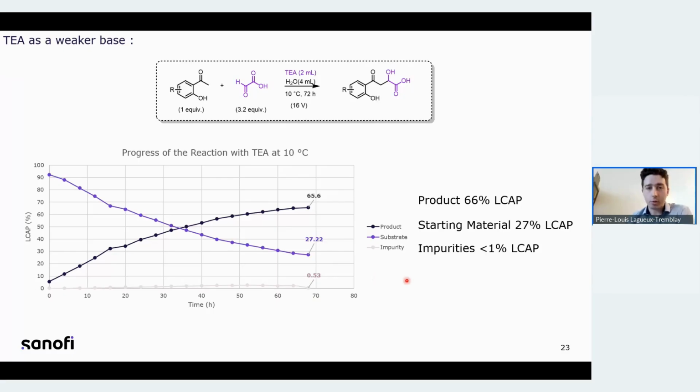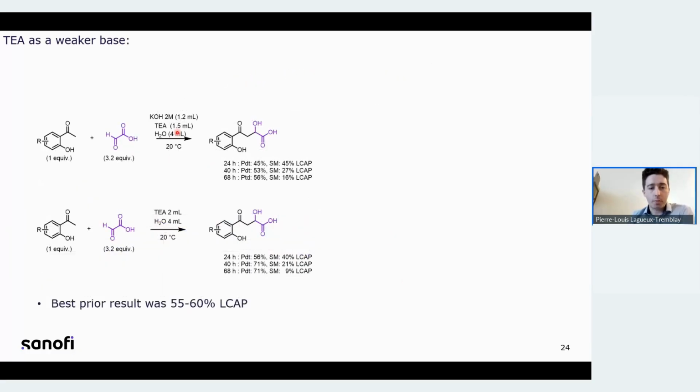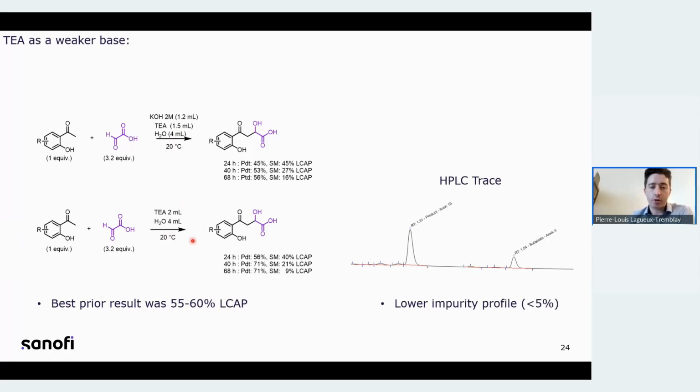So actually, this was a very interesting set of conditions for this reaction. And if you were to increase the temperature now, you can see that the impurity profile is also much better. So this now tolerates higher temperature by moving to a less potent base, and we can have a high product formation and a better reaction profile by doing so.